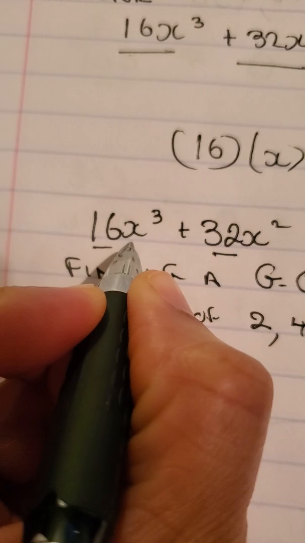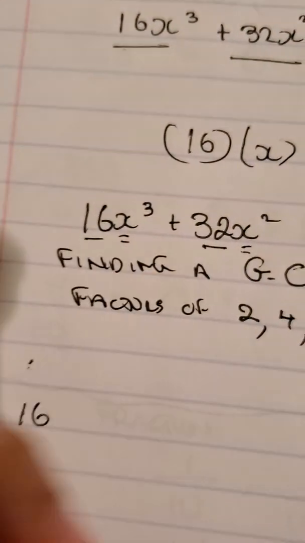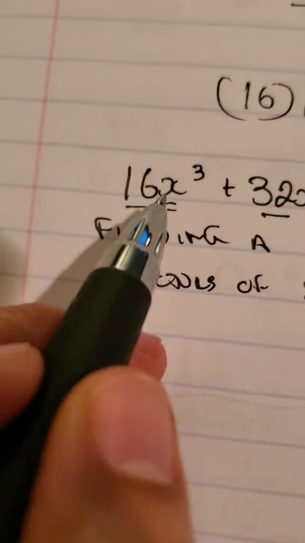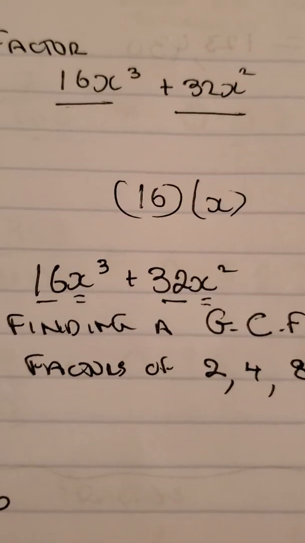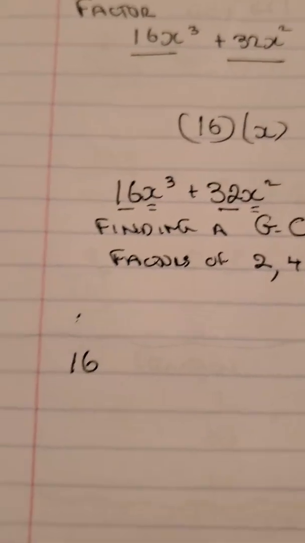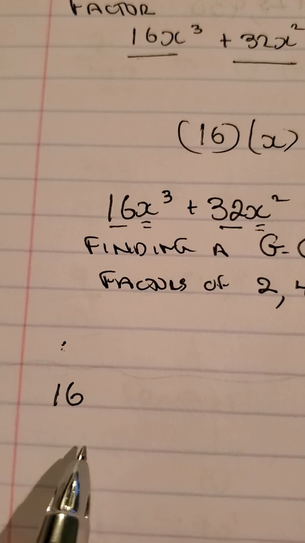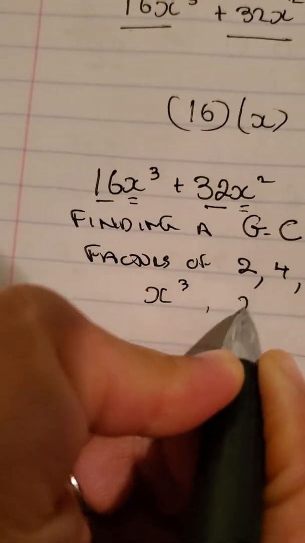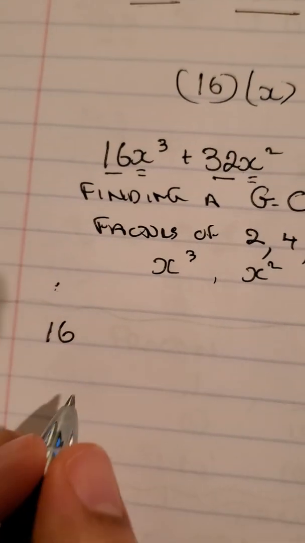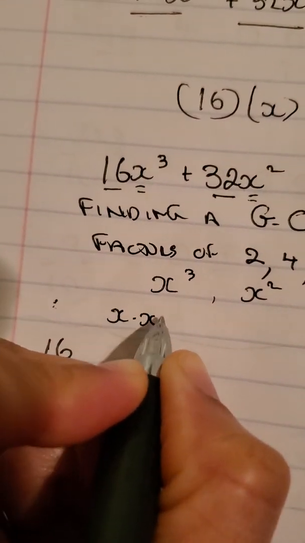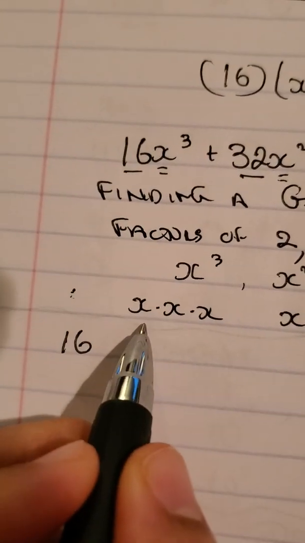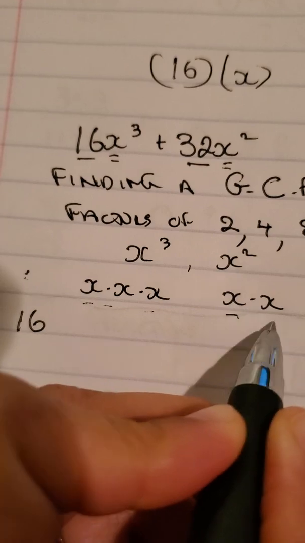They both have a factor of x. And why is x a factor? It's because 16x cubed is the same as saying 16 times x cubed. And remember, factors are multiples. So if we look at x cubed and x squared and expand both of them, here we have 3 factors of x and here we have 2 factors of x.